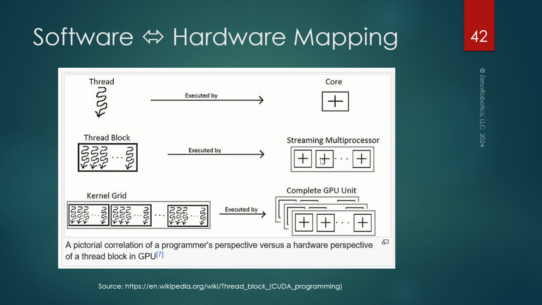So you have multiple processors all running in parallel. And so then you have your kernel grid, and hopefully that's the whole GPU that you're utilizing. So you have all these blocks, which are all the streaming multiprocessors, and all these threads.